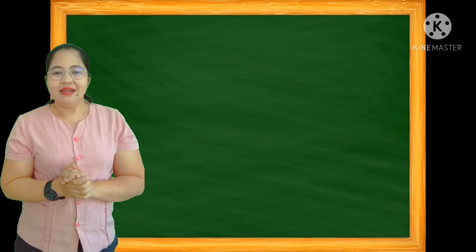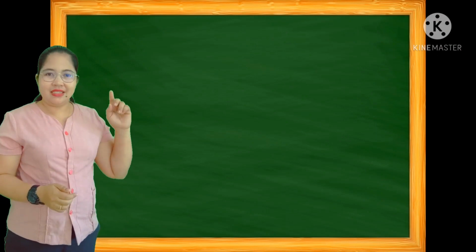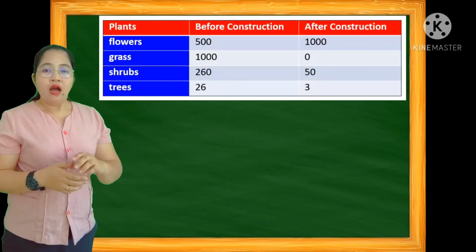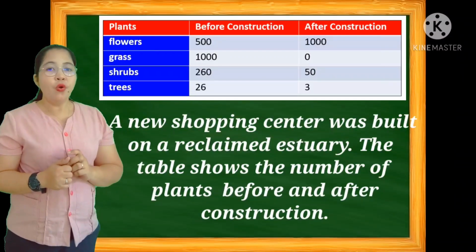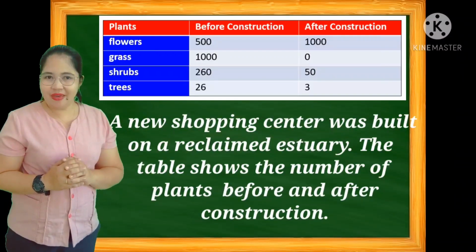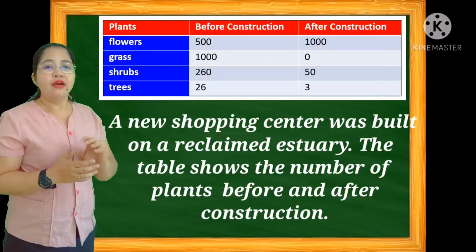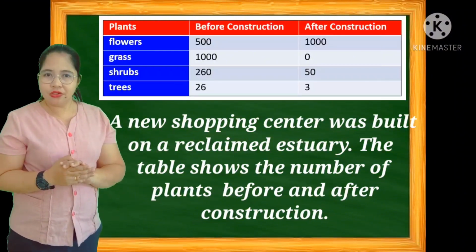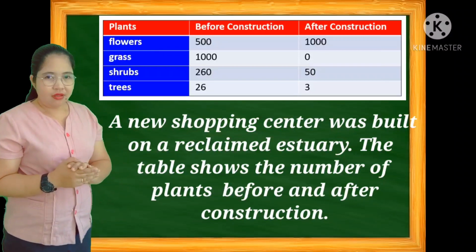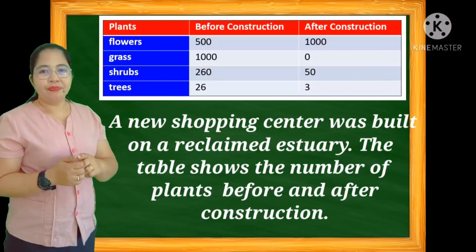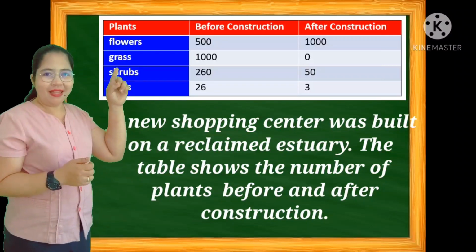Now. Let us analyze this table. A new shopping center was built on a reclaimed estuary. The table shows the number of plants before and after the construction. Let us study the table. Let us start with the plants.